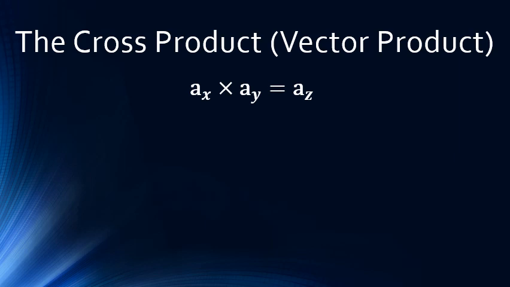So, ax cross ay is just simply az. Then it follows also that ax cross az is -ay, and ay cross az is ax.